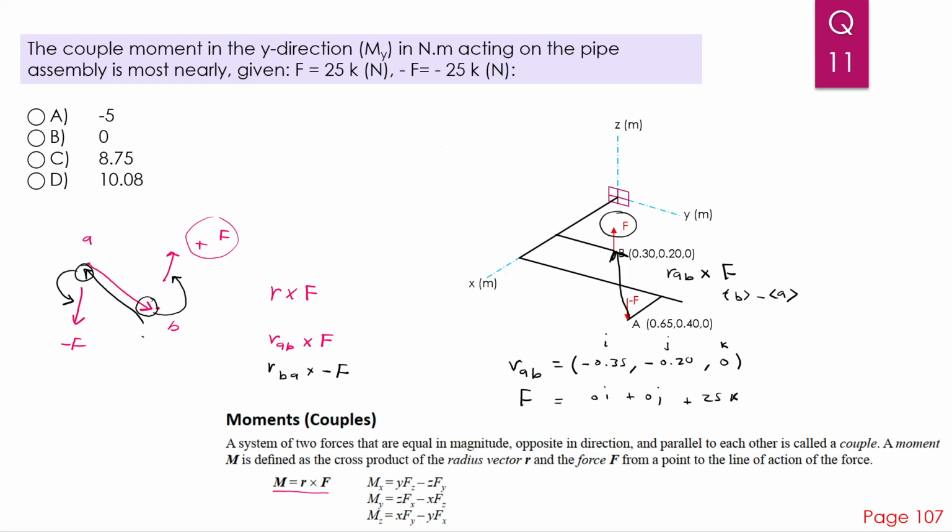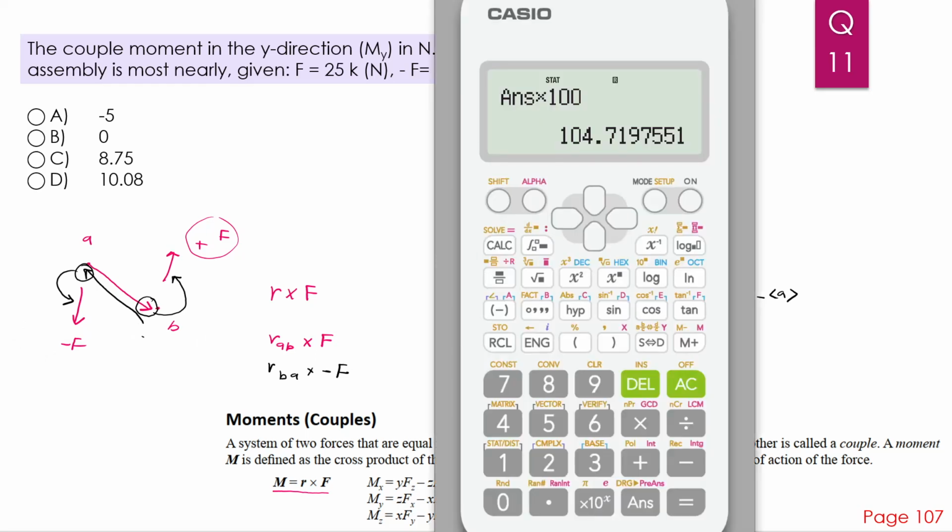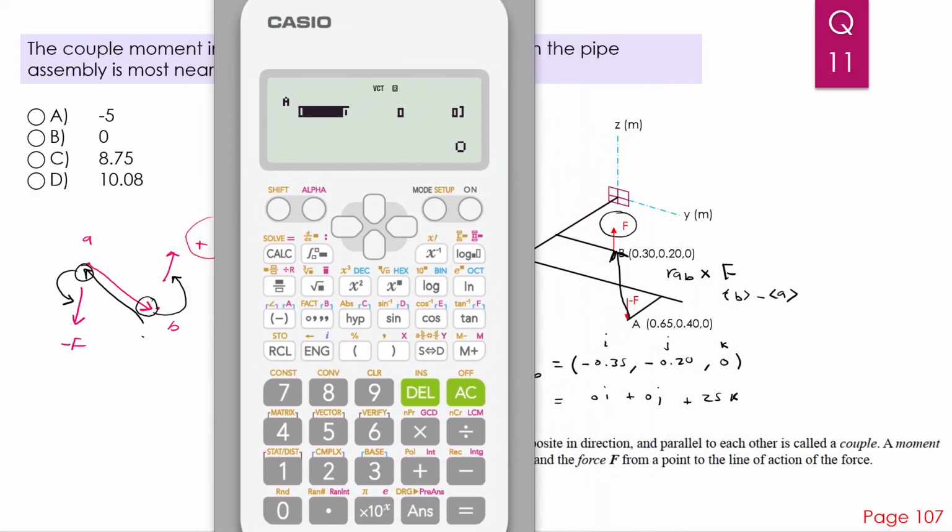Now, we can do this vector cross product in our calculator. So we go to mode, then number 8, vector.